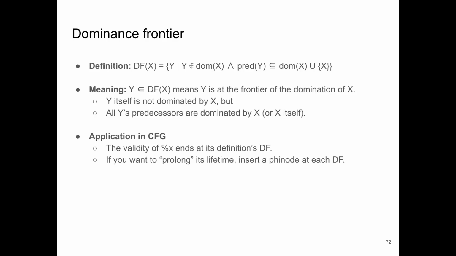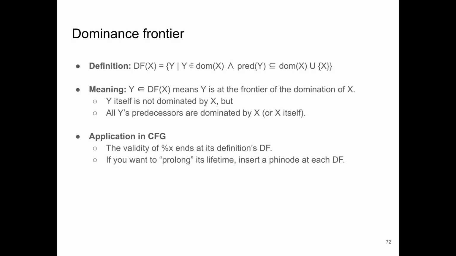So if a Y is in the DF of X, then you should guarantee that this Y is actually not dominated by X, but all its predecessors are dominated by X. So Y is, in other words, just becoming undominated by X. So all the predecessors of Y are dominated, but Y itself is not dominated.